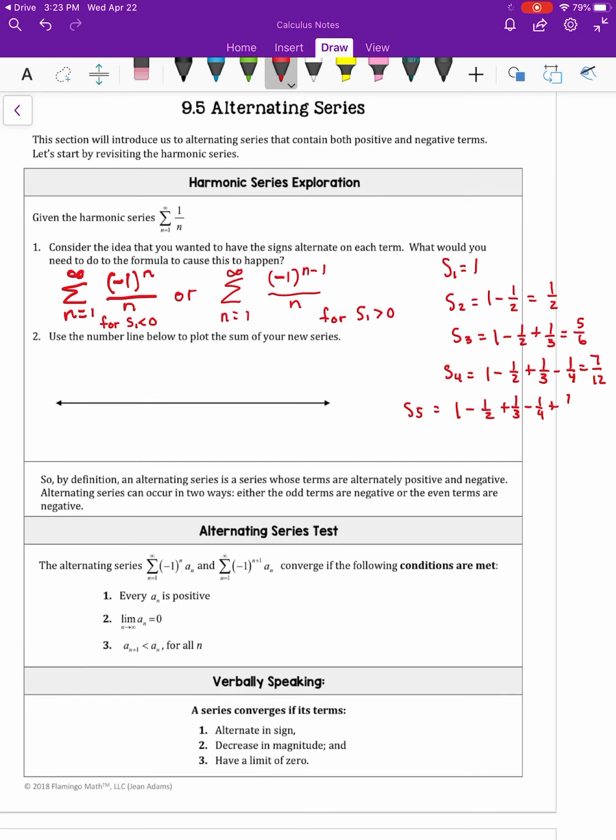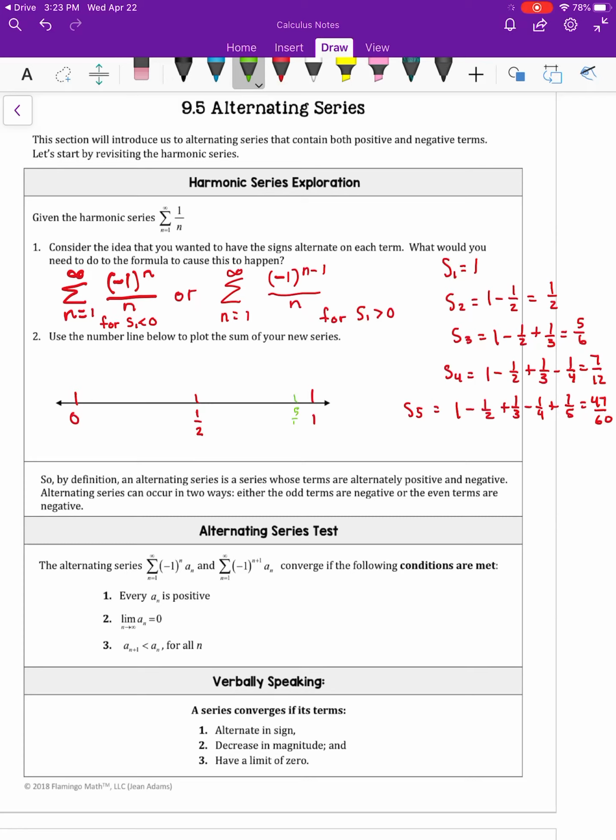Your S sub 4 would be 1 minus 1/2 plus 1/3 minus 1/4, and that would add up to 7/12. S sub 5, 1 minus 1/2 plus 1/3 minus 1/4 plus 1/5, would add up to 47/60.